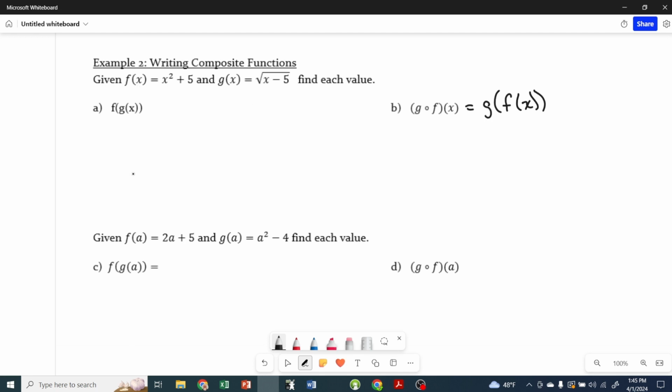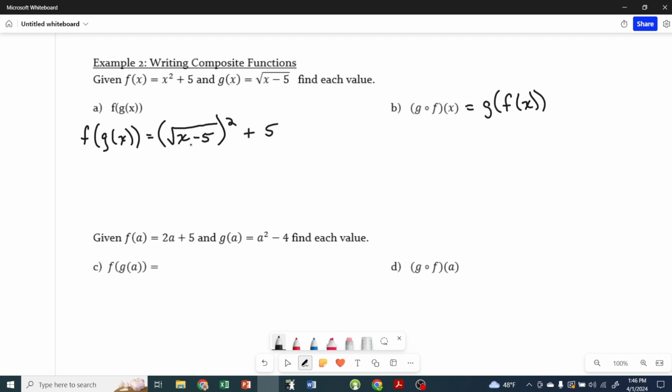So how do we do this? Well, you would write f of g of x. You take whatever's in g of x, which would be the square root of x minus 5, and I put that in parentheses, and I square that, and then I add 5. Now I can simplify this.